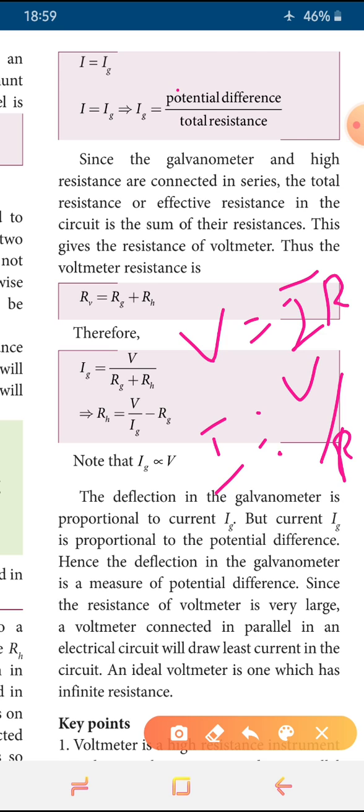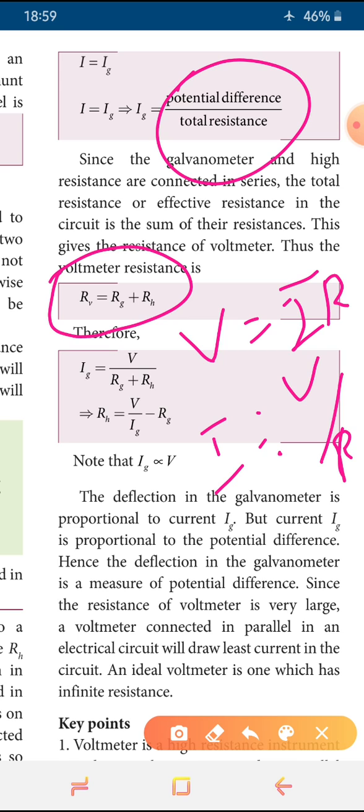Using this, we are writing this equation. Ig is the current across the galvanometer. This Ig value is equal to the potential difference divided by the total resistance. That is from Ohm's law. For the total resistance, using the circuit diagram, we can write RV is equal to Rg plus RH.